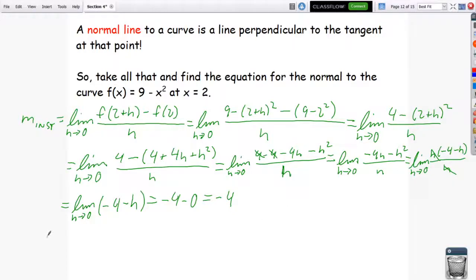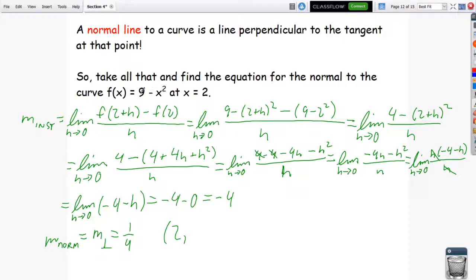Slope of the normal line, let's just call that m norm, is equal to the slope perpendicular, and the slope perpendicular is just going to be opposite and reciprocal of this. So opposite, positive, reciprocal, 1/4. So I want a slope of 1/4 going through the point a, 2 comma f of 2.